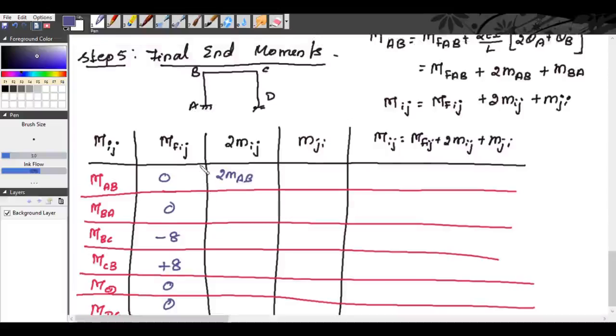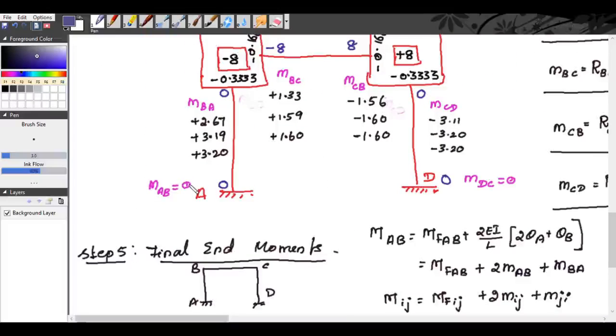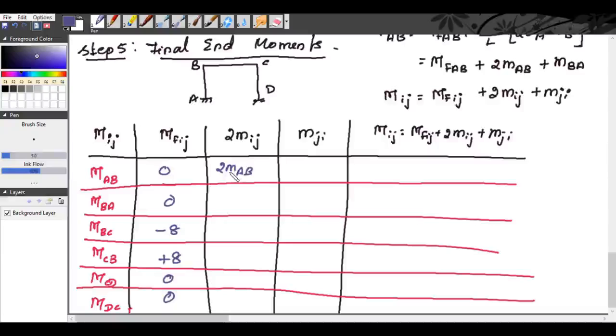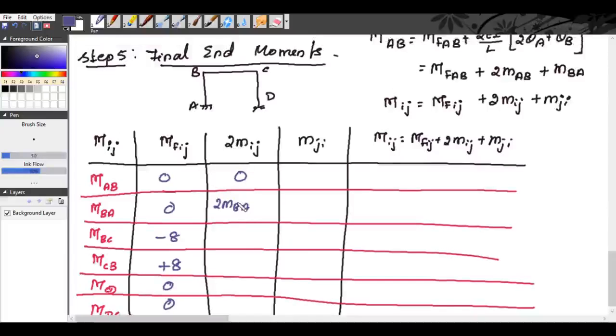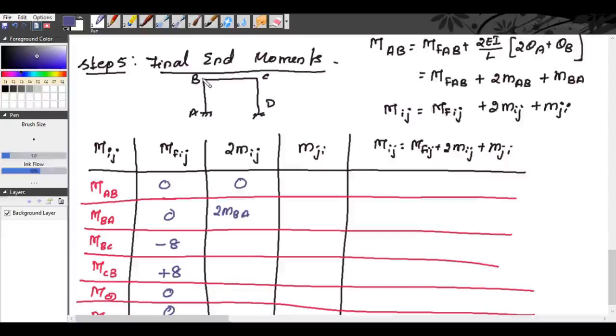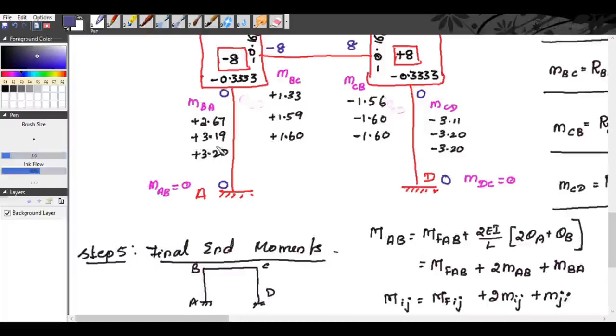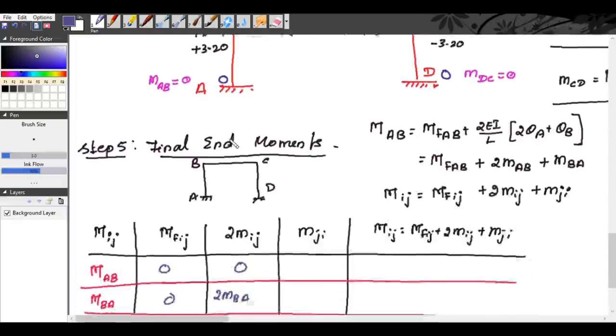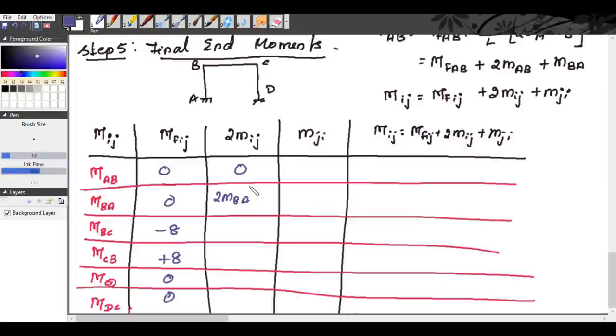We know MAB is equal to 0, so here we get 0. Then 2MBA. MBA is plus 3.20. So multiplied by 2, we get plus 6.4.